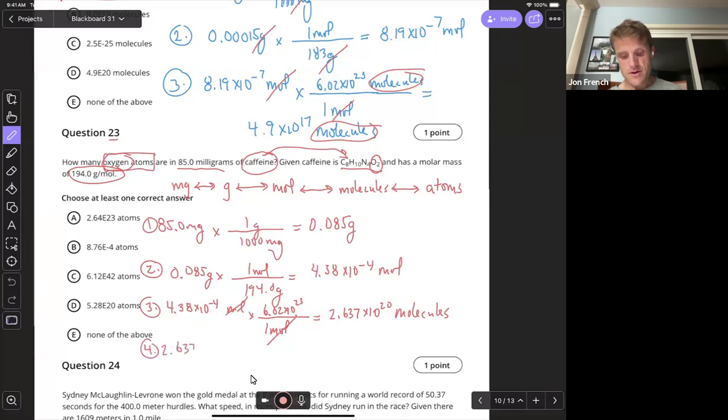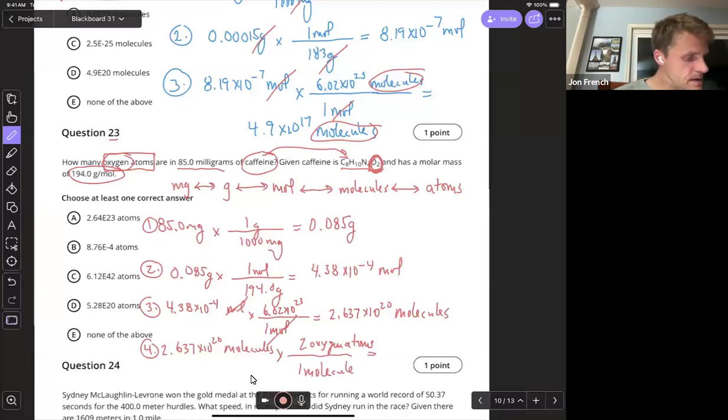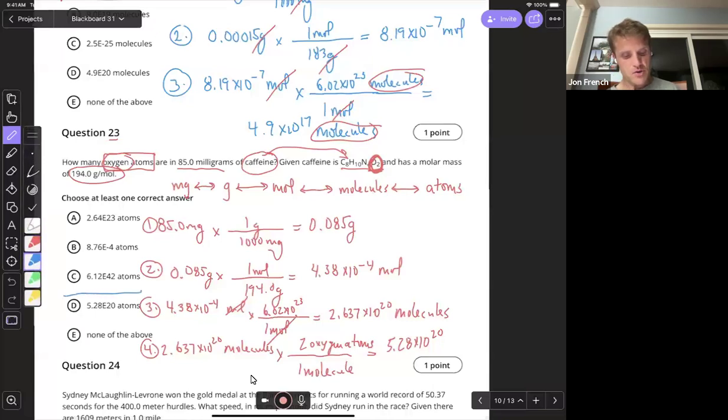We have 2.637 times 10 to the 20 molecules. In 1 molecule, the formula tells us I've got 2 oxygen atoms. So we multiply by 2. Not that complicated. And we get something like 5.28 times 10 to the 20, which is hopefully an answer there. And it is. So choice D.